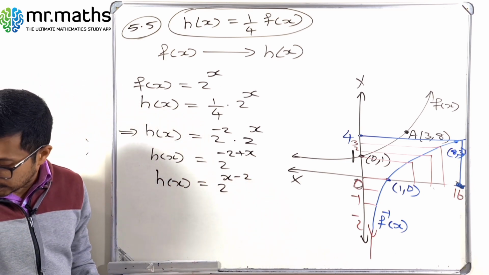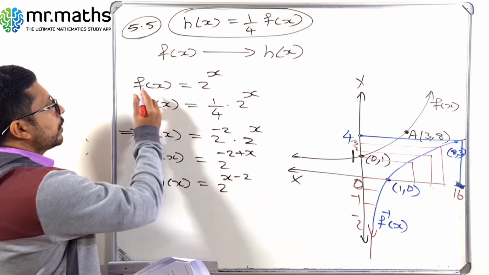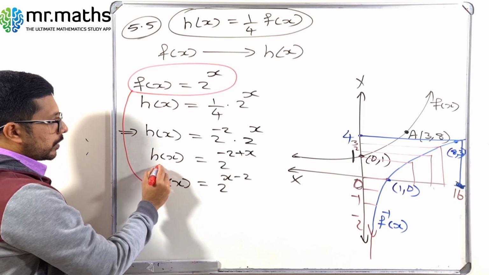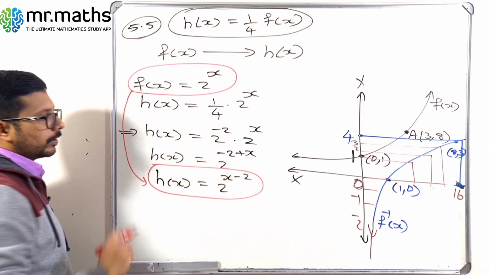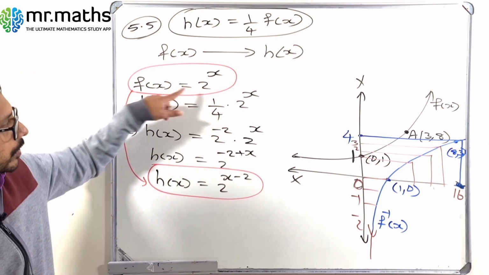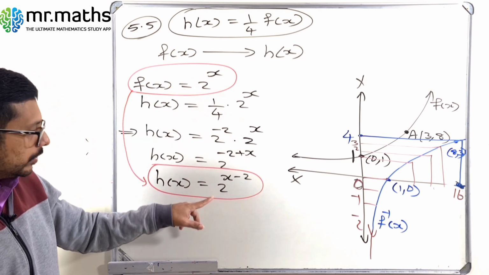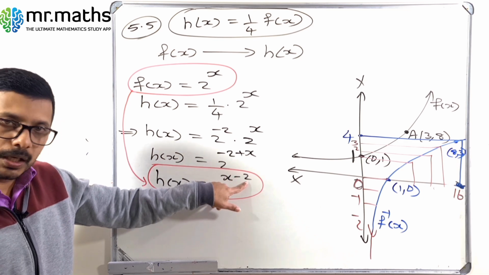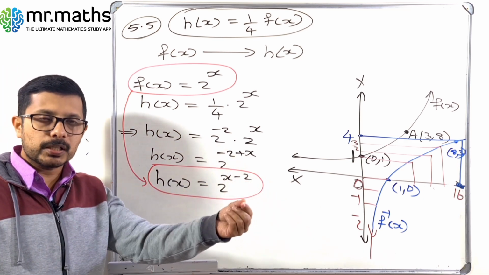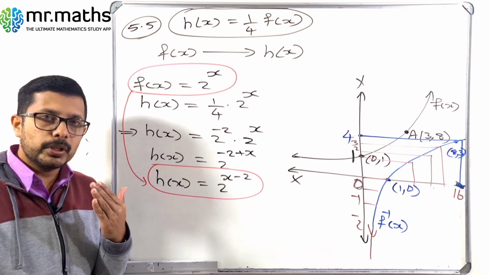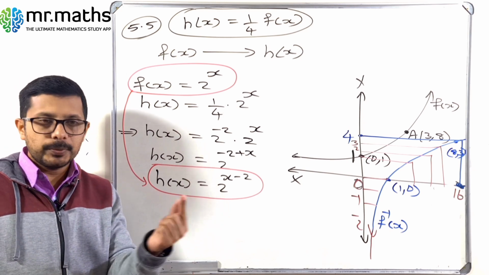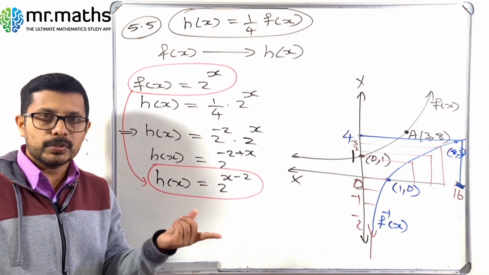Now look at f of x and h of x. This is our f of x, and this is our h of x. Now tell me what type of transformation that is. f of x is 2 raised to x, and h of x is 2 raised to x minus 2. When x has minus 2, what is the meaning of that? It is just the opposite of what we are thinking. Normally minus 2 means left, but in the case of a graph it is not like that.